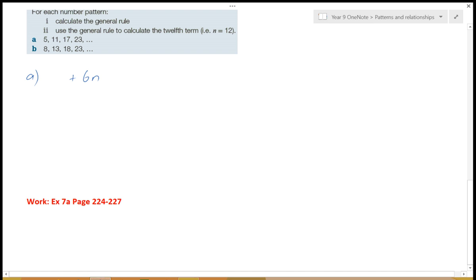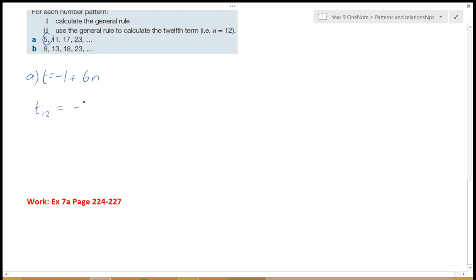And then we need a number to start. So what number could we start with so that we end up with 5 as our first term? Minus 1. So we'll start with minus 1. So that's our rule. So I'll just write that as t equals negative 1 plus 6n. So t just being the term. So if we're looking for the 12th term, so term number 12, I'll just write t with the little 12 there to mean term number 12.